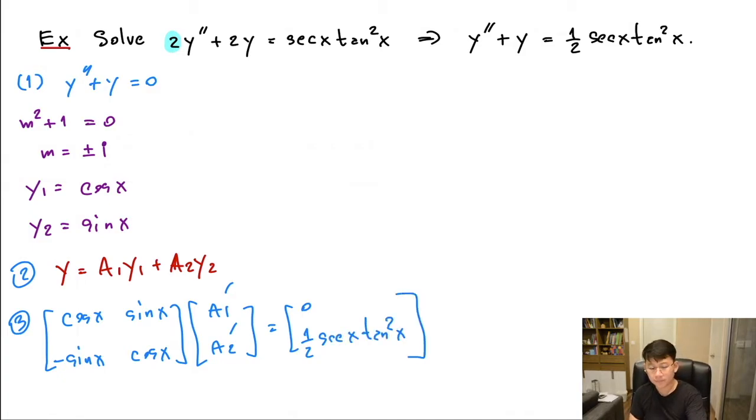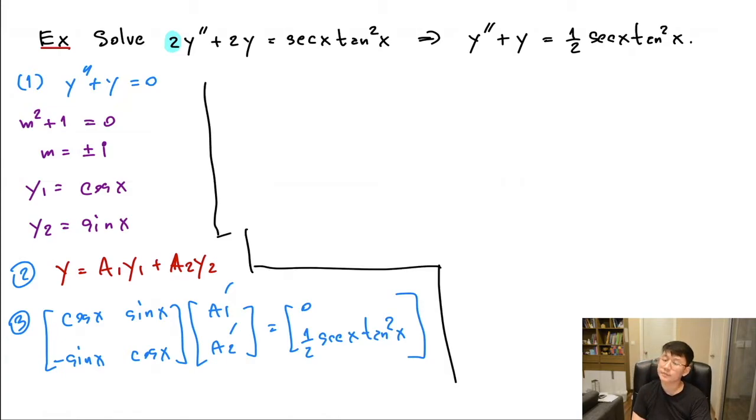Next, we find the value of a1 prime. a1 prime would be by Cramer's rule, right?